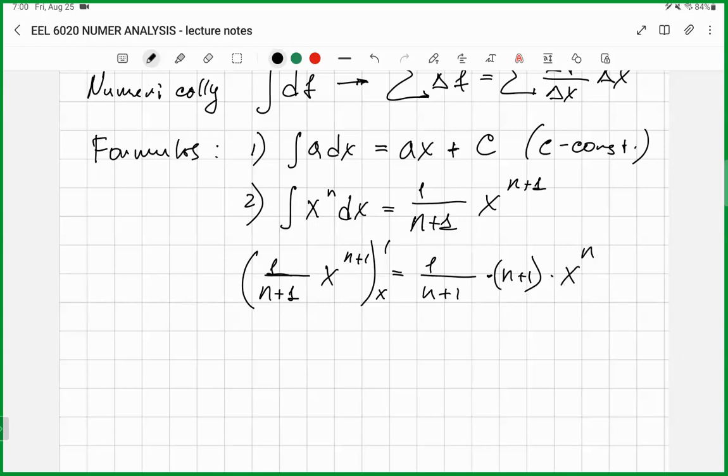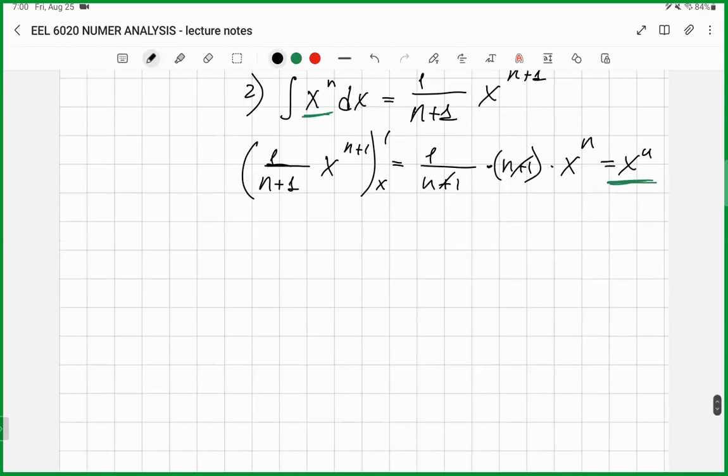So it will be x to the power of n. These two cancel out, and I get x to the power of n. That's what I expect to get, since this x to the power of n was the integrand function. All right, so this is the second formula.